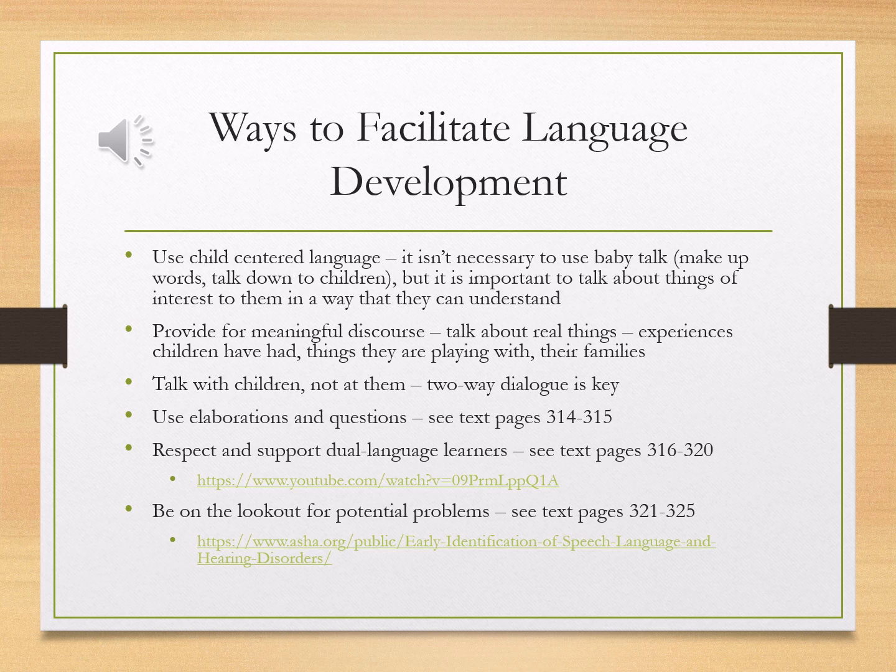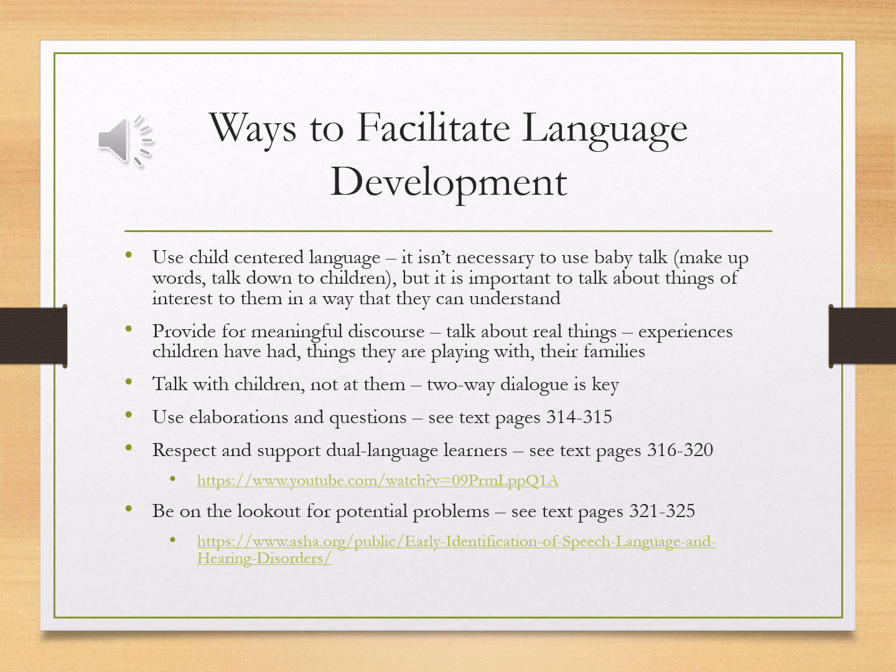This doesn't mean using baby talk. It doesn't mean talking down to children. So, you don't need to use made-up words or made-up phrases. You can use typical adult vocabulary, but just think about what children are interested in and what they would like to talk about and what they need to know about a particular topic. So think about what's relevant, and then as they get older, you can keep adding on more and more.